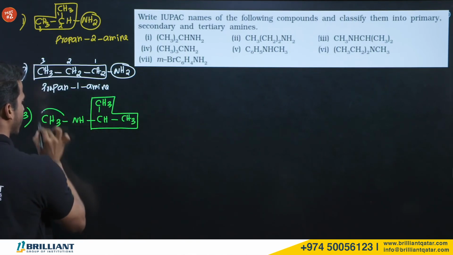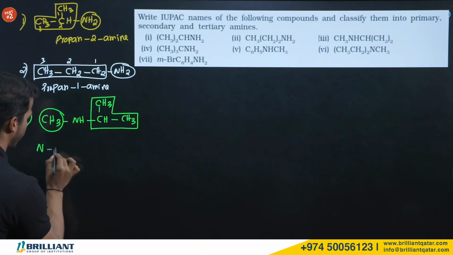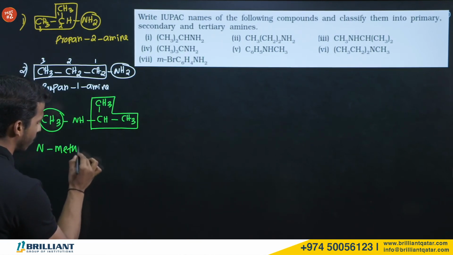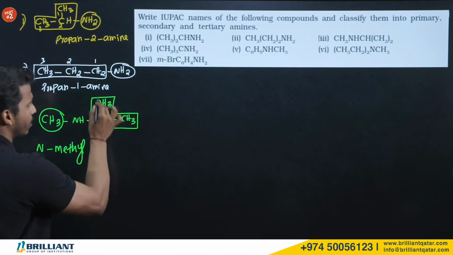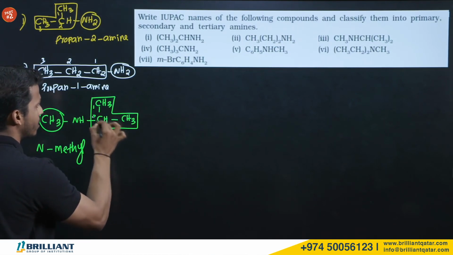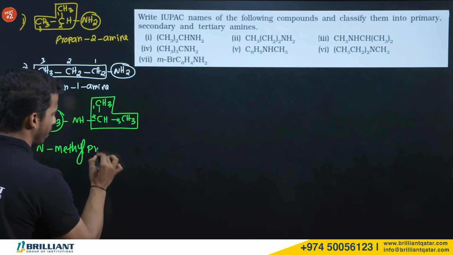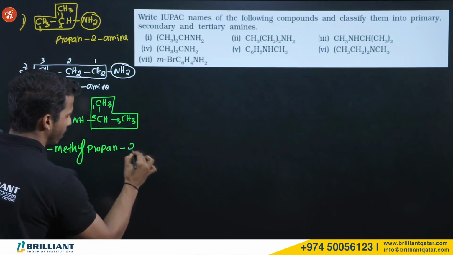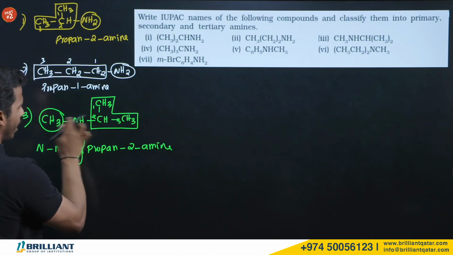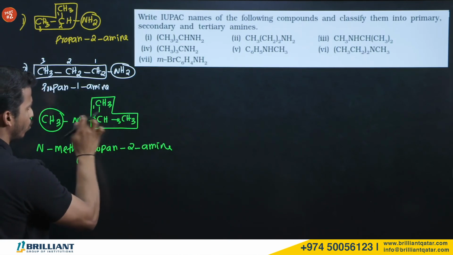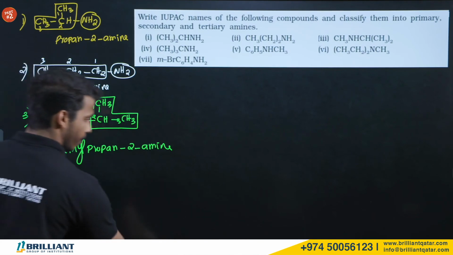So here nitrogen contains a methyl group. So I can say the name of the compound is N-methyl. Total 3 carbon. And the second position amine is there. So N-methyl propan-2-amine. Correct. N-methyl propan-2-amine. That's the name of the compound.